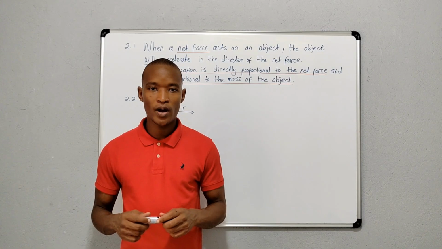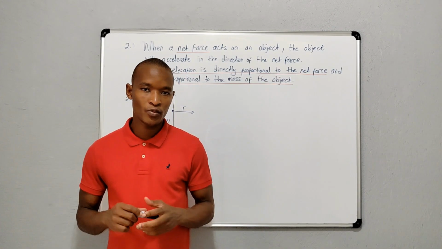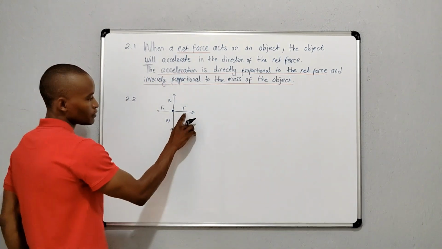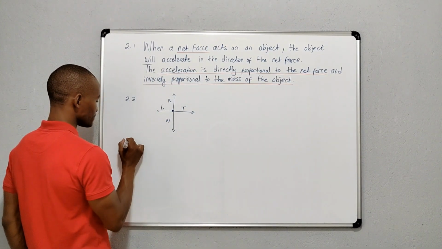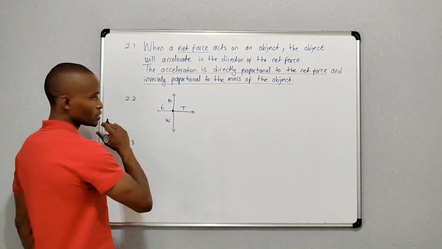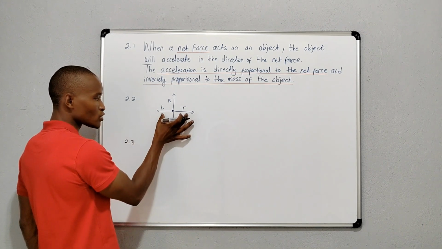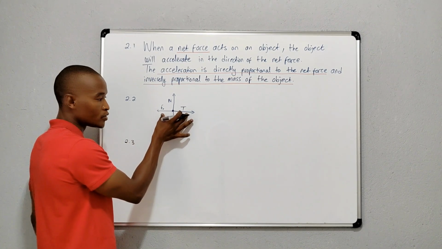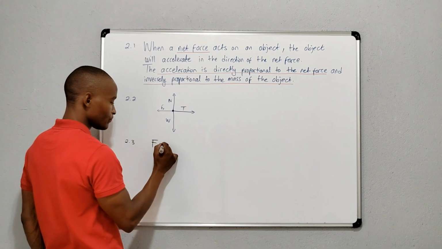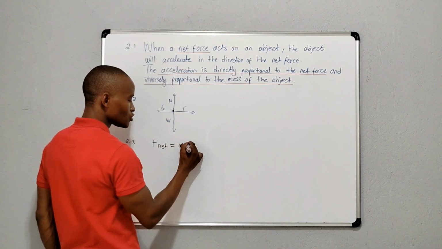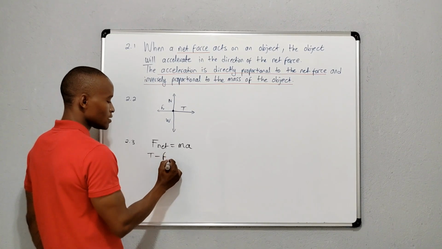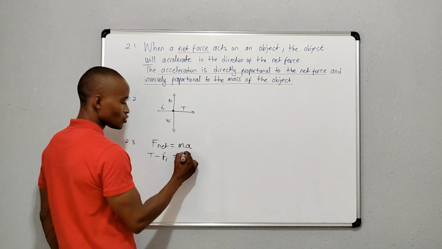There are 2 parts to 2.3. 2.3.1 is asking us to calculate the magnitude of the tension. What do we know? The motion is happening horizontally, so only horizontal forces will contribute to the net force. So F net is equal to ma. So we have T minus the frictional force is equal to ma.